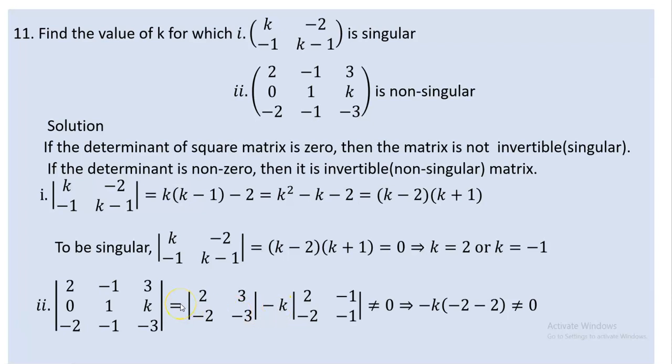Now we need to delete the second row and the third column, because this k is located at the intersection of the second row and third column. As you do that, you are left with entries like 2, minus 1, minus 2, minus 1.